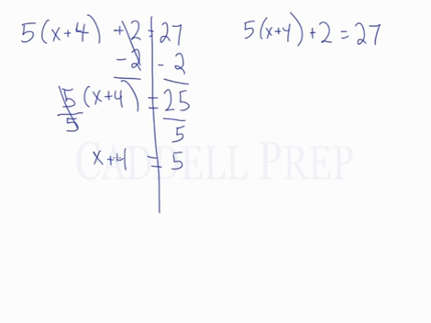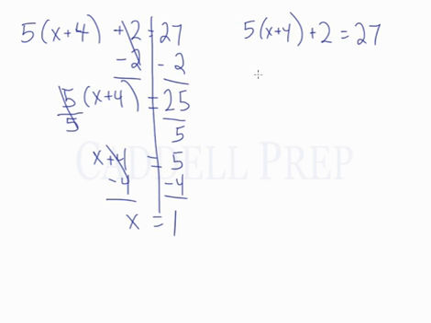Now you just simply have x plus 4 equals 5. We'll just subtract 4 from both sides. And we end up with x equals 1. Alright, so now that's one method.